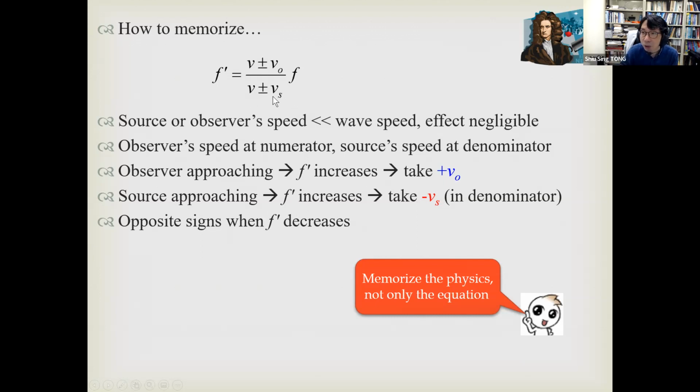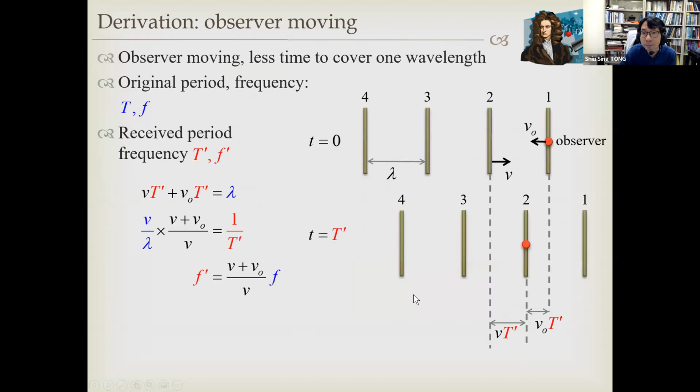And if you have a smaller thing in the denominator, that means this factor will as a whole be larger, and that will make F prime larger than F. So in order to make F prime increase, you should take the negative sign for Vs. On the other hand, if the source is receding away from you, then you should take the positive sign for Vs. Okay. So in here you memorize the physics, but not only the equation.